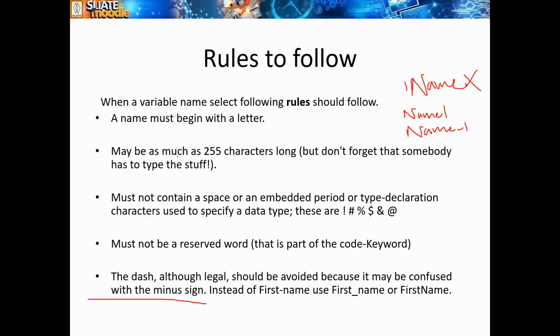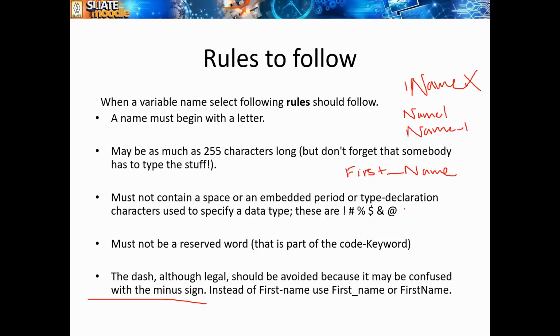Like that. You can give lengthy names up to a limit, but you can't keep spaces. For example, if you want to mention first name, you can't write first space name. This is not possible. Instead, you can simply put an underscore here, right?